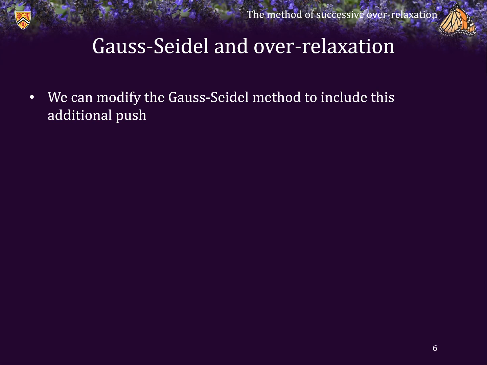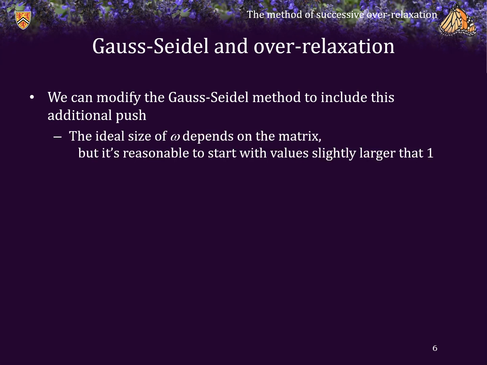Now, we can modify the Gauss-Seidel method to include this additional push. The ideal size of omega depends on the matrix, and you can look up exactly what it is depending on the eigenvalues. However, it's reasonable to start with values slightly larger than 1, say 1.1 or 1.2.